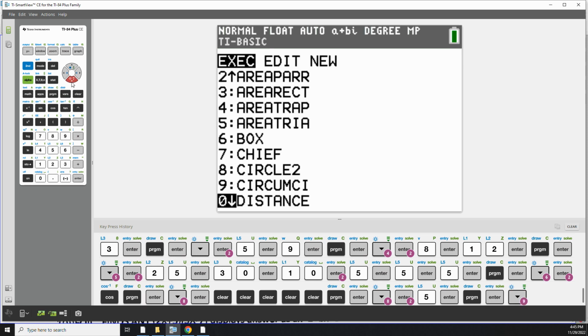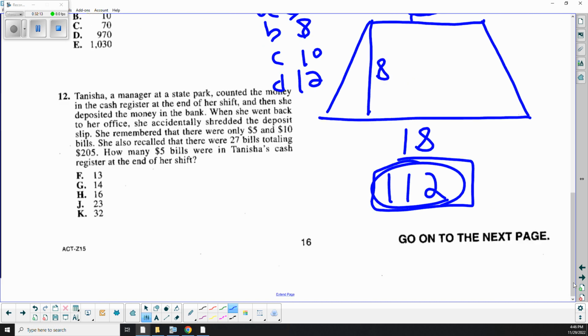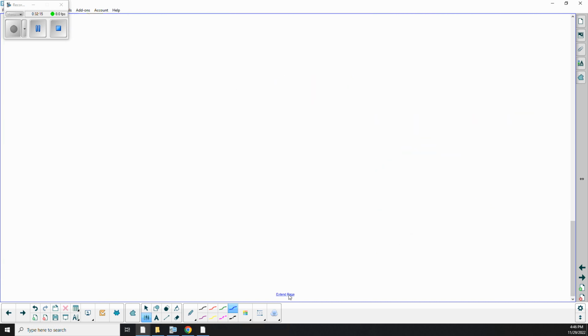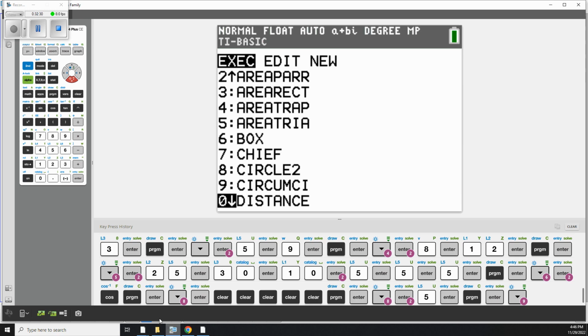What comes after circumference? Distance. Distance, y'all, is the distance formula. You're gonna love it. I'm using the test that I had for today. Let's just say we want to find the distance between these 2 points. It does it for you. So what do you do with the distance formula?